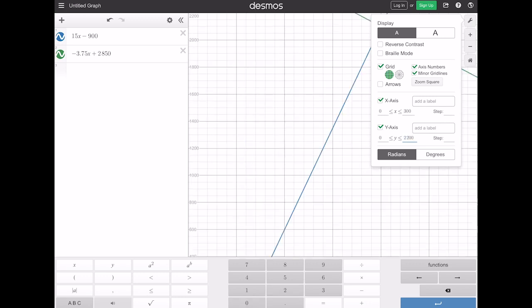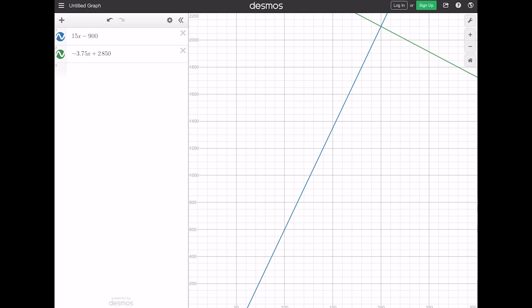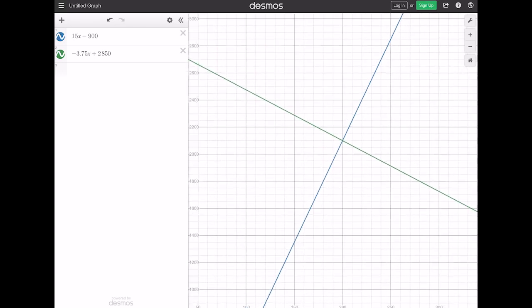Okay, and now you can see what that looks like, and you can also see the equilibrium point. That's just right here where the two lines intersect, and we found that point. It's 200, comma 2,100.